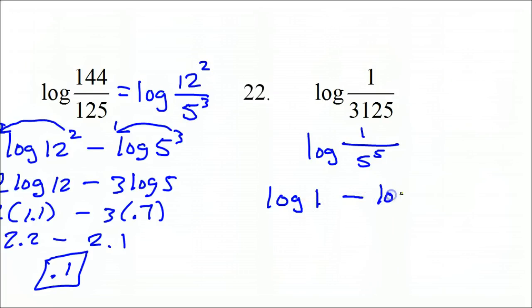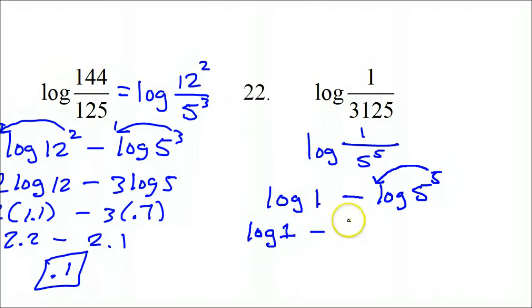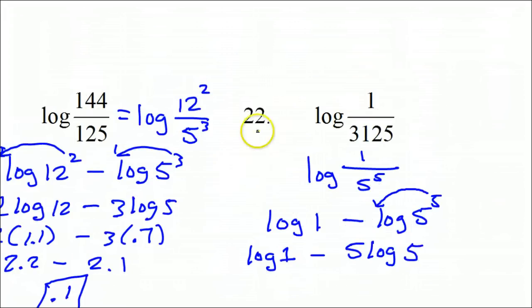Now this exponent is going to come to the front. So I will have log 1 minus 5 log 5. Now log 1, this is not one of the facts we're given, but we don't need it. Because look, I'll just do this off to the side. Log 1, what's the invisible base right here? 10. It's an invisible base of 10.